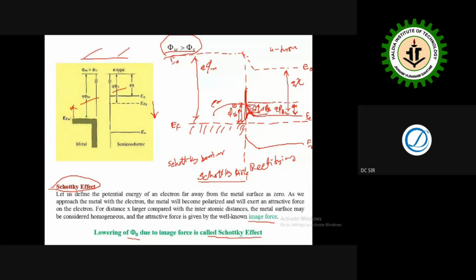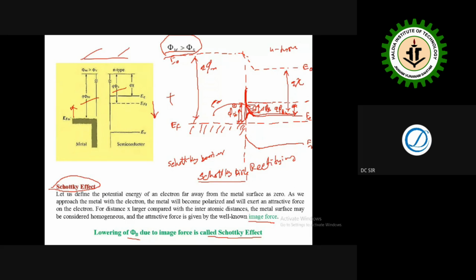So if there is a barrier at equilibrium, when we apply the forward bias, that means there is a negative and a positive. If you apply the negative, electrons are injected here, so the electron concentration increases.